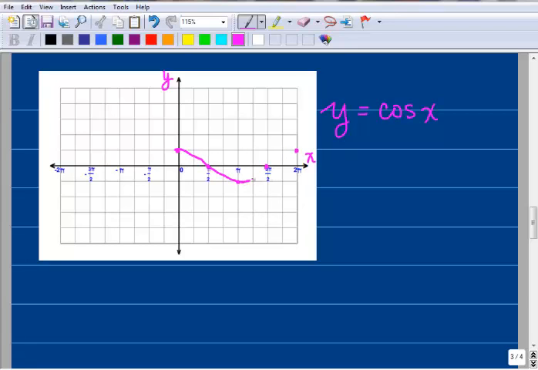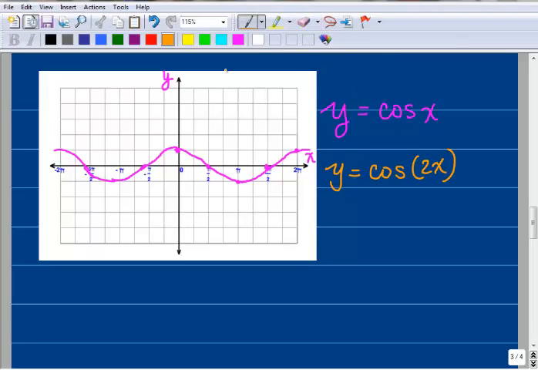Again, it's a periodic function and looks something like this. Now we want to consider the graph of y equals the cosine of 2x, not 2 pi, 2x.